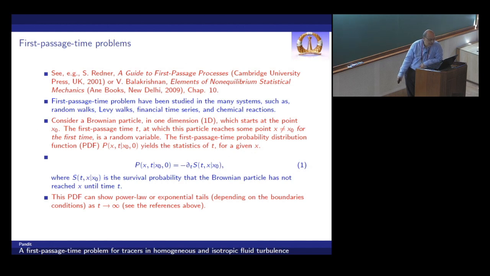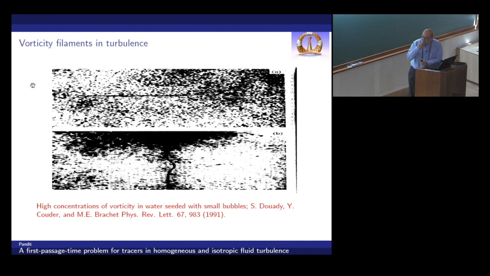That variable t is a random variable, and you just learned that it has a full probability distribution function, P of x, t, x naught, 0, and this gives all the statistics of t. It is also related by a derivative to the survival probability that the Brownian particle has not reached x until time t. And this PDF can have many different types of behavior.